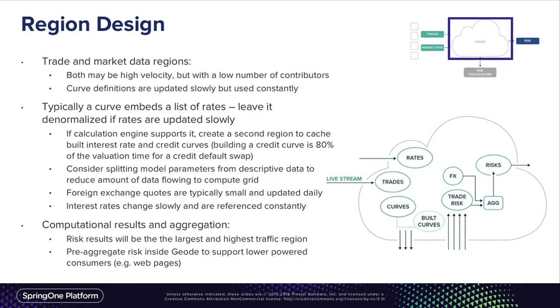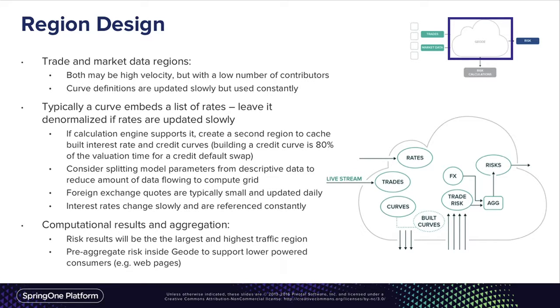The best advice I have for you to build this, and I think this is the standard, is create a region for trades. If the way you're getting your trades includes all the model parameters that you use to price them, then perhaps you want to put those in a second region just to feed to your math library. Not a bad optimization. For your market data, there is a curve of securities.